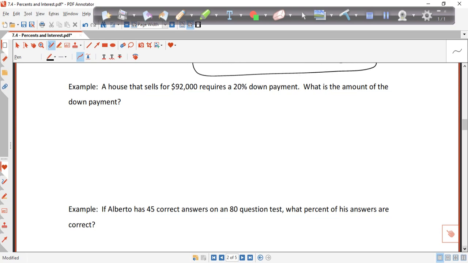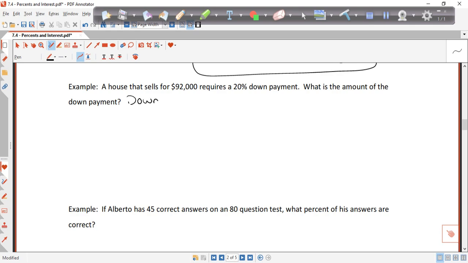So we've practiced a little on how to convert a sentence into an equation. Now we're going to look at some actual application problems. A house that sells for $92,000 requires a 20% down payment. What is the amount of the down payment?